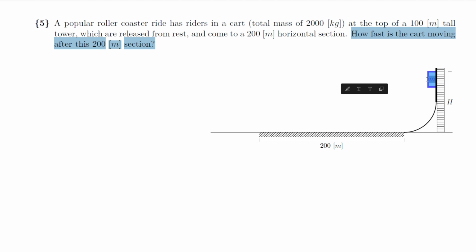So the cart starts at the top of the tower. You release them from rest. They have nowhere to go but down according to gravity.